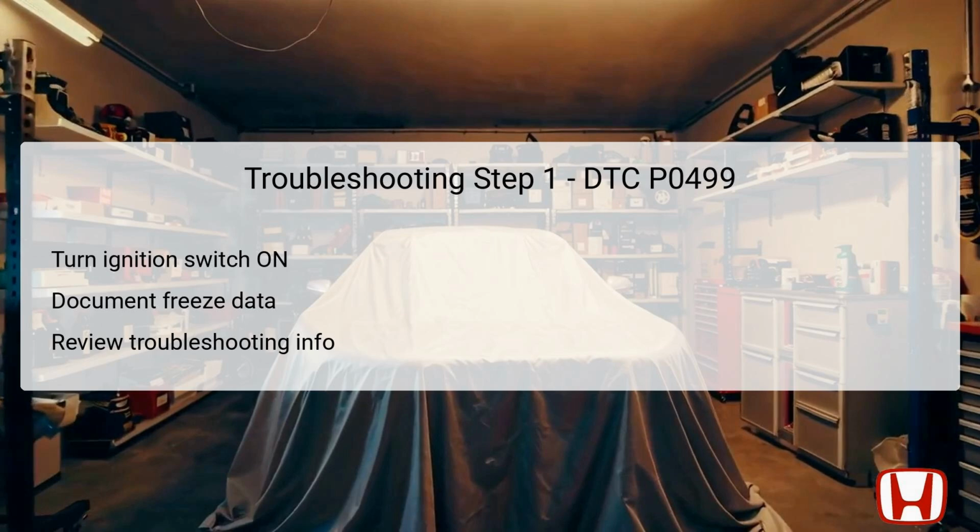Next, pay close attention to record all relevant freeze data, which captures engine parameters and conditions at the moment the fault code was generated. It's critical to review general troubleshooting information available to ensure a comprehensive understanding of the EVAP system and related components. This initial step sets the stage for effective troubleshooting and should not be overlooked, as it provides essential context for moving forward.